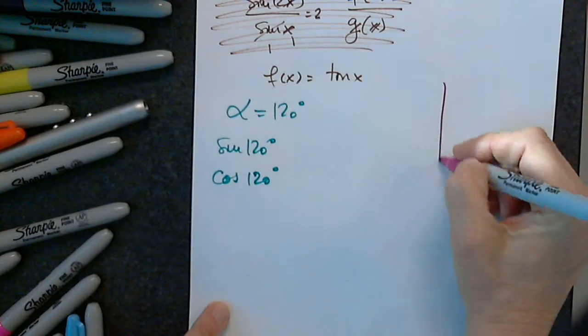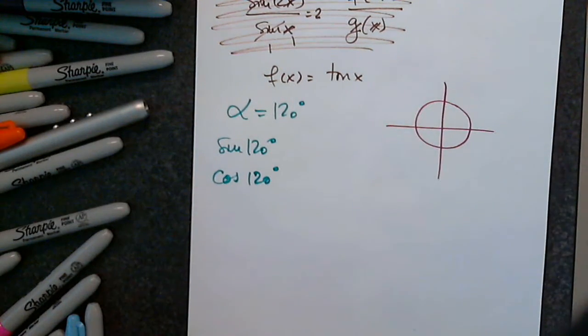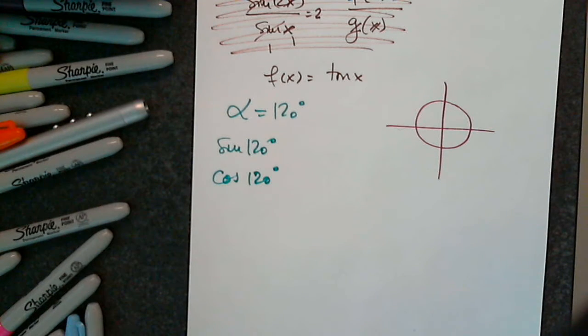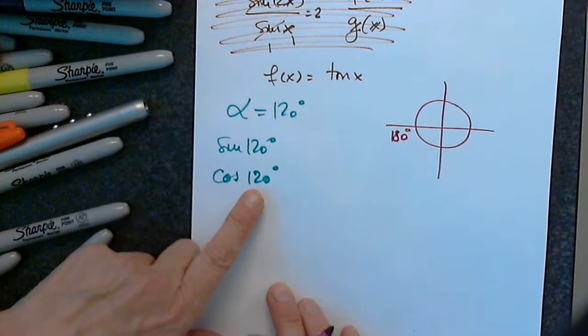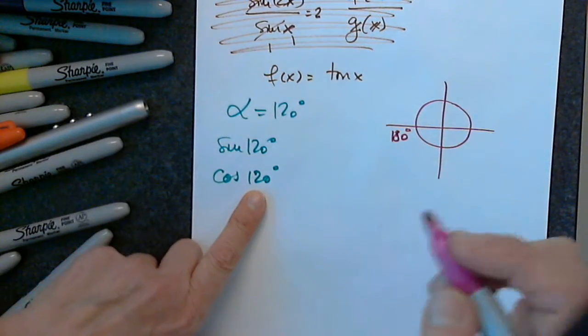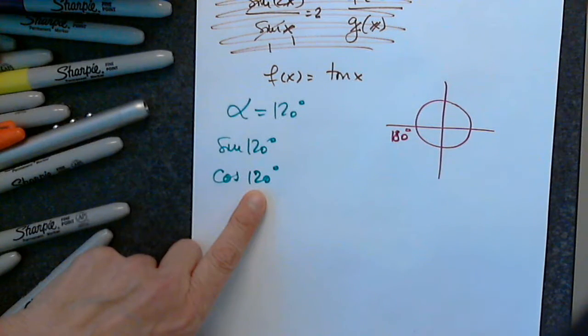Okay, so first I have to identify where the terminal side lands. Because if I don't know where the terminal side lands, I will not know the sign of sine and cosine. Is that clear? Okay, so I know that this is 180 degrees, and we picked 120, so it has to be 60 shy of 180.